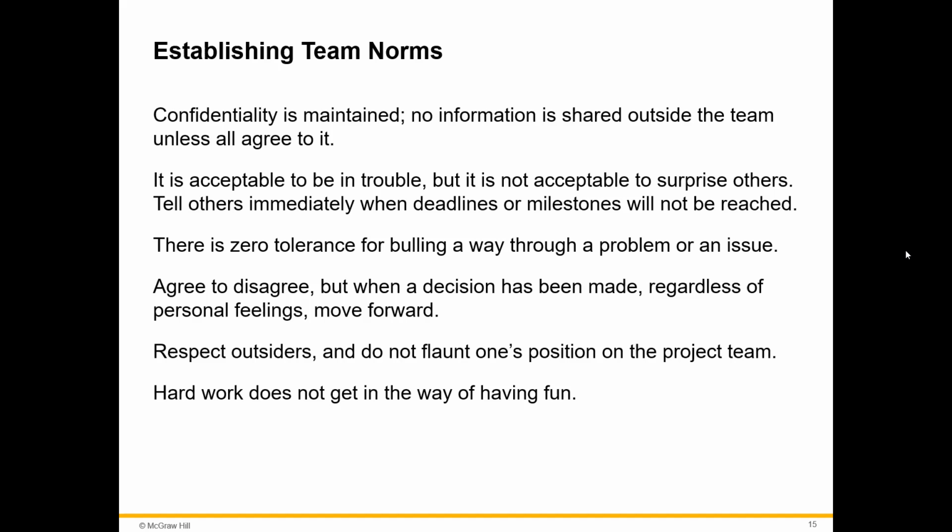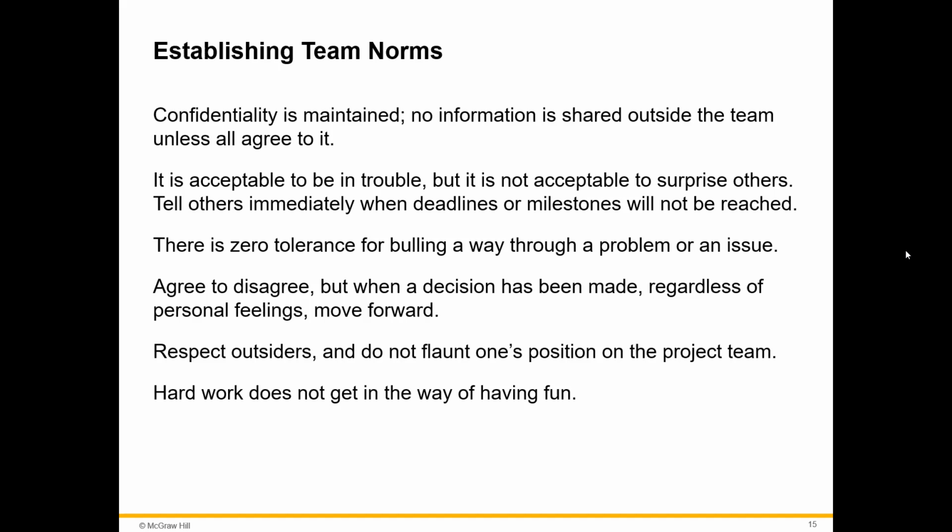You are on the same page when it comes to a project, and the goal is to complete the project successfully and make sure that everything can be done together. Agree to disagree, but also respect others and do not flaunt your position on the project team. Never say that you're better than them.